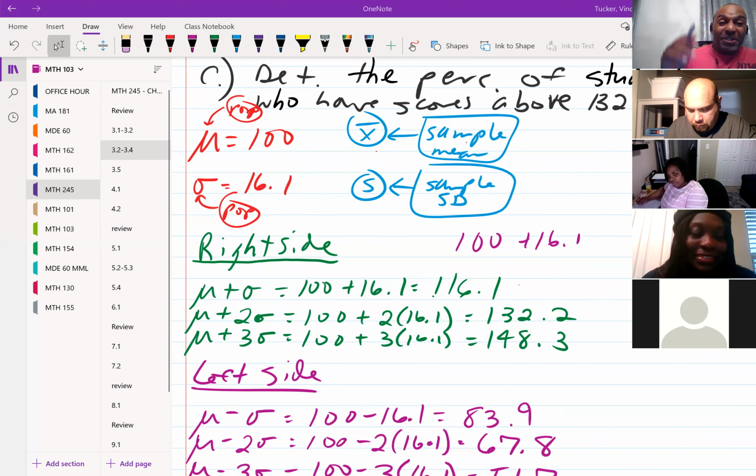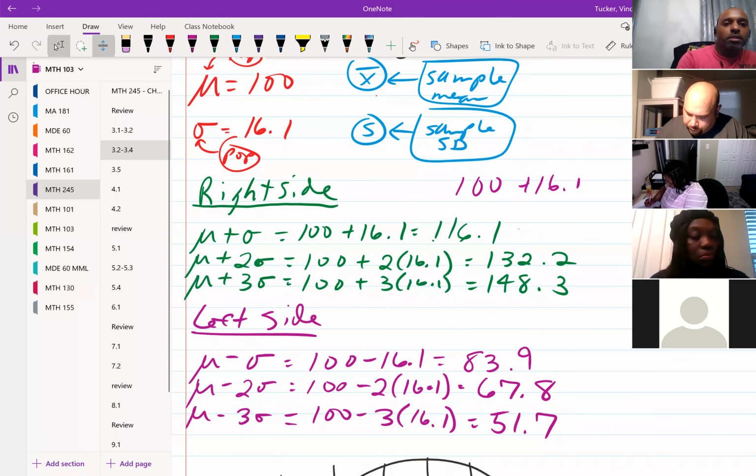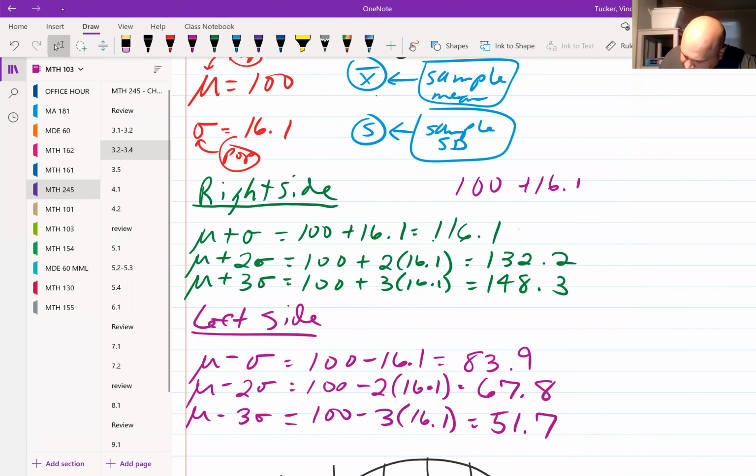All right, so that's the right side. And then for the left side, instead of adding, we're going to subtract 3 standard deviations. So you subtract the 16.1 from 100, then subtract 16.1 again, then subtract 16.1 a third time to get the 3 values to the left of your mean.